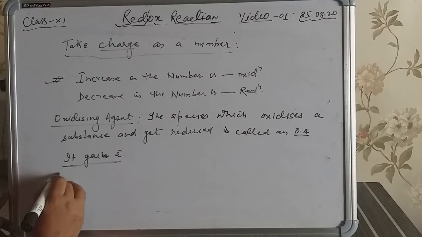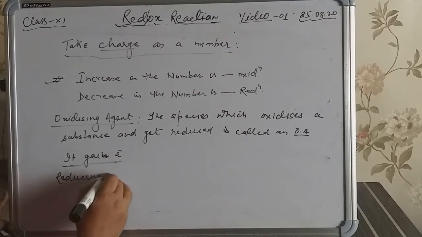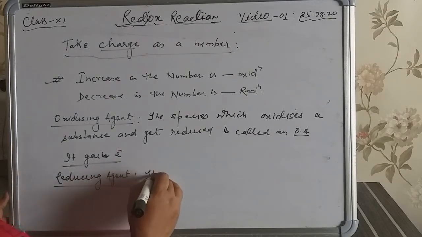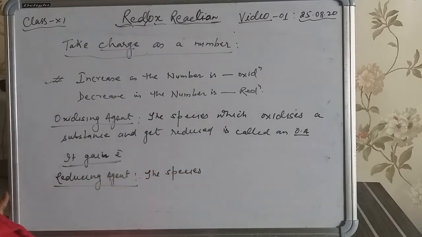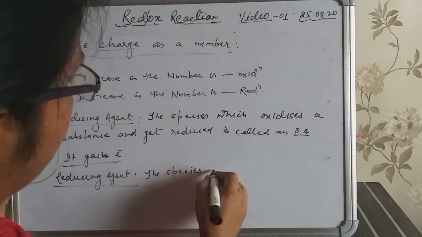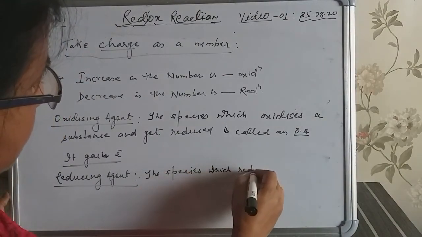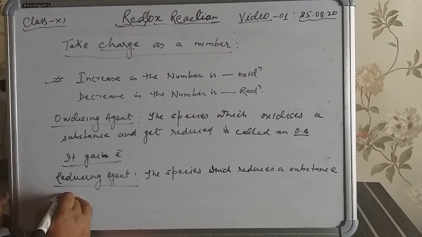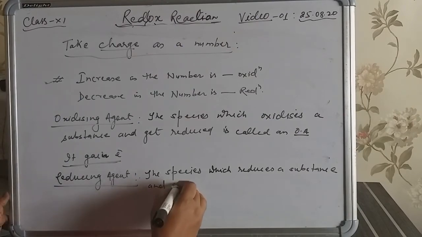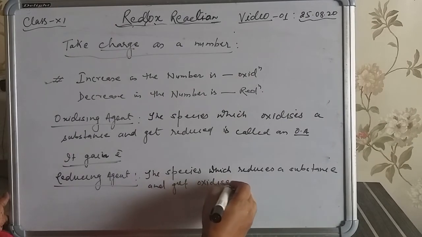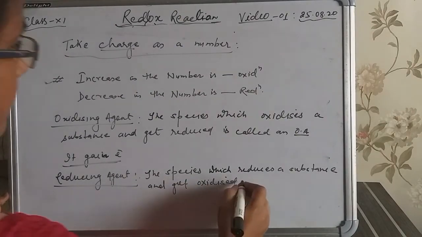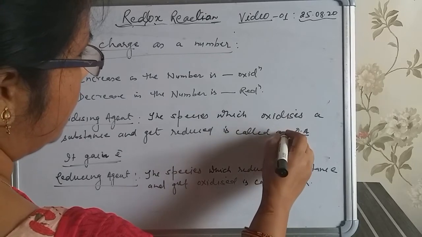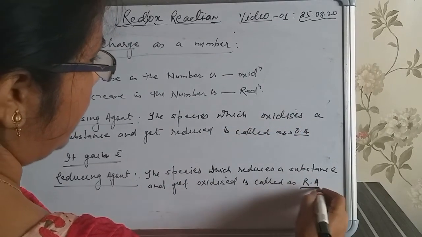Next, the reducing agent. The species which reduces a substance and gets oxidized is called a reducing agent.